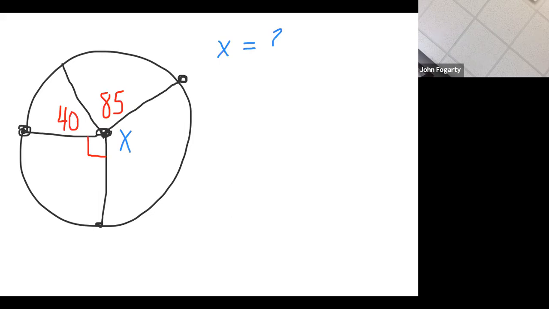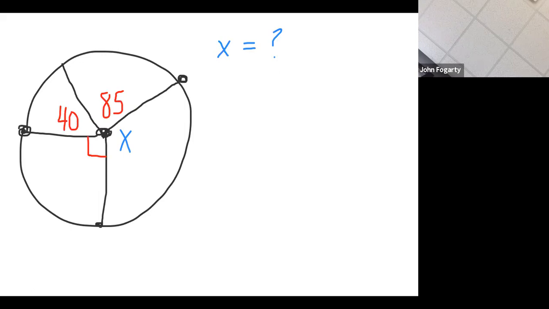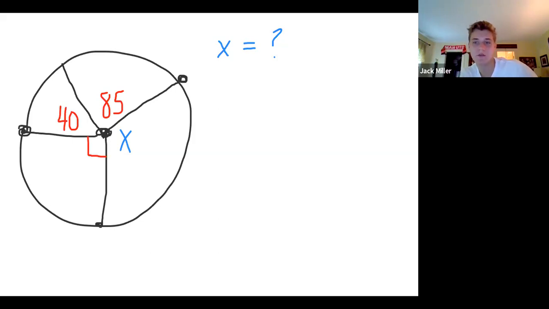Well, what do you know about all four of those angles? What kind of angles are they? Central angles. So when you add them all together, what should you get? 360. Alrighty, so let's do that.